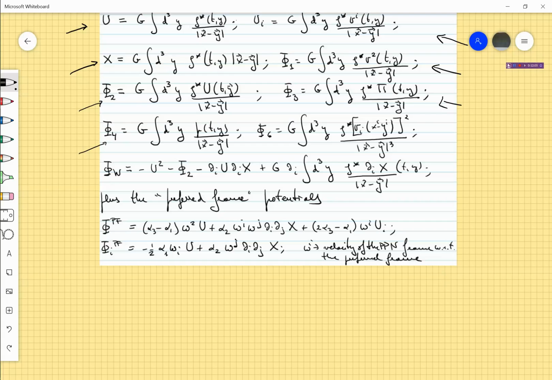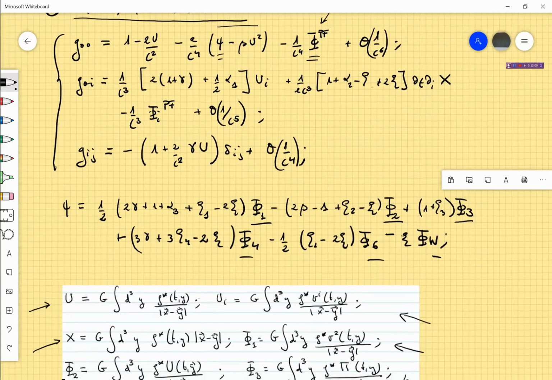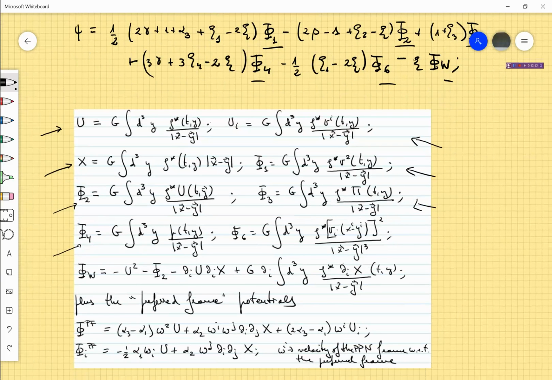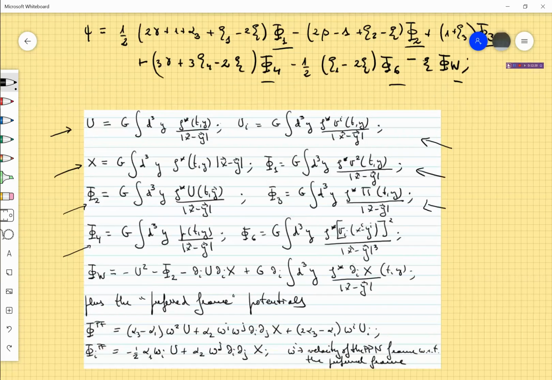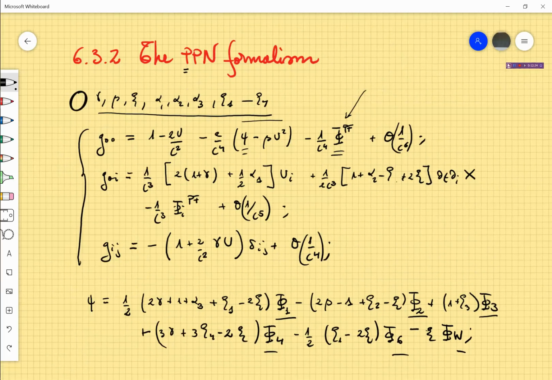Do these parameters have any particular physical meaning? Let me just copy what appears in Poisson and Will's book about these parameters, and also the values that they take for general relativity, because general relativity is just a particular case of this family of theories described by the formalism.